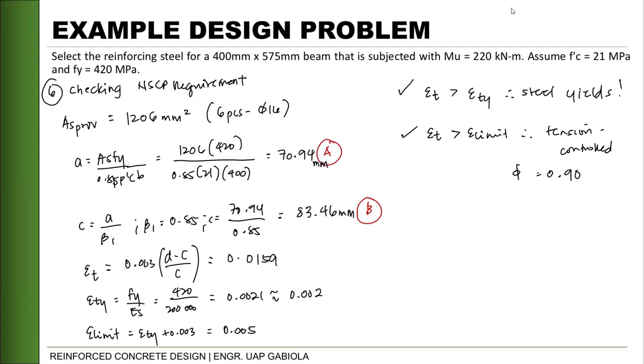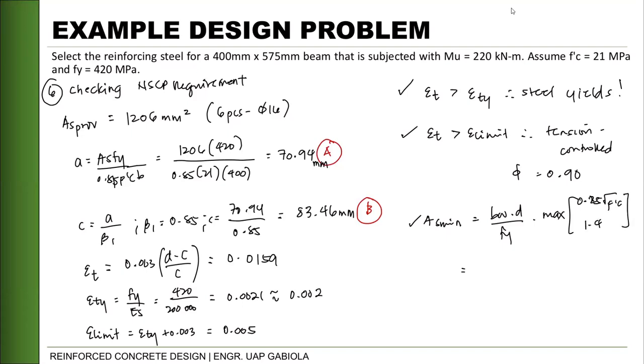Next checking is for As required or minimum, As minimum using the formula bw times d over Fy times maximum of 0.25 square root of f'c, or 1.4. Okay?